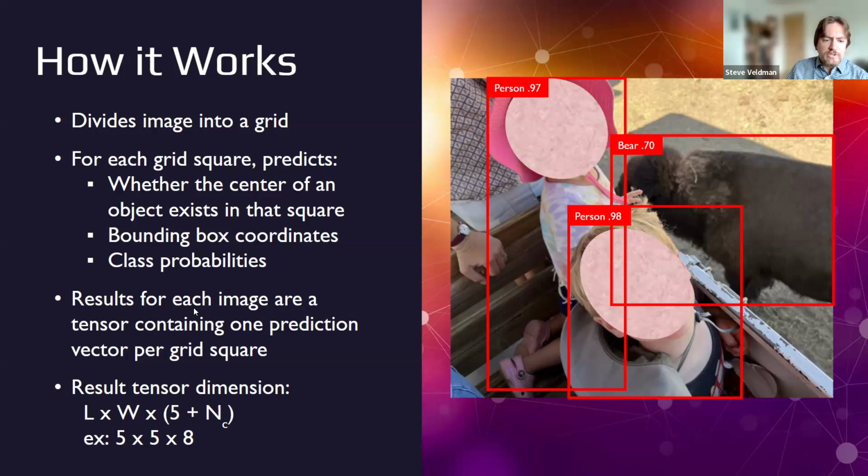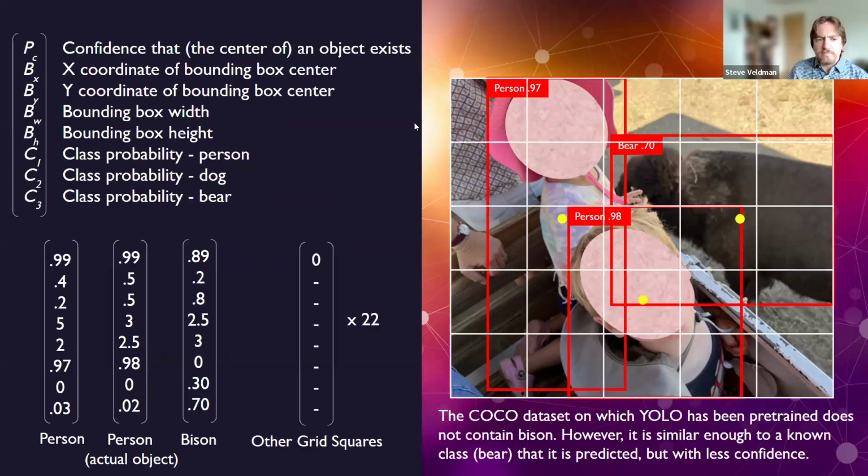The results for each image are represented as a set of tensors, and you get 1 tensor per square. In this instance, we'll have 25 tensors for this image, and it will do this for every frame in a video, unless you've set it up to sample every other frame or something like that.